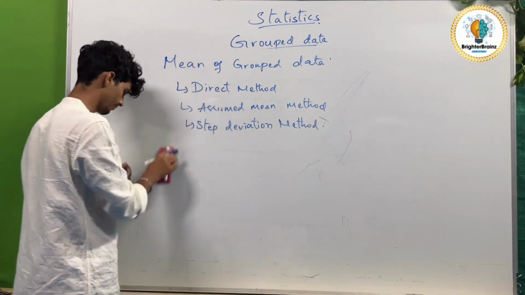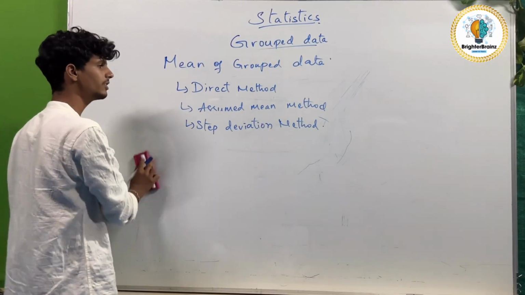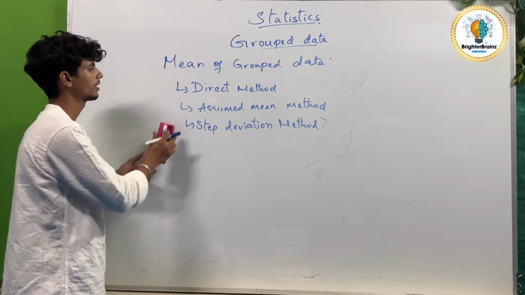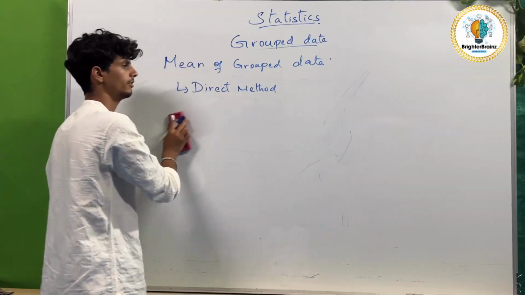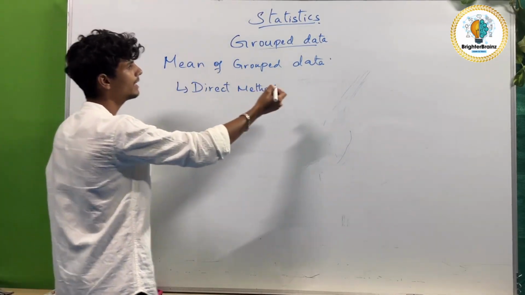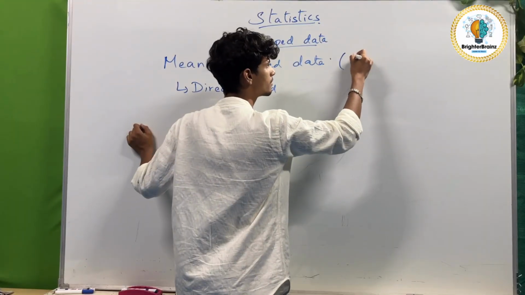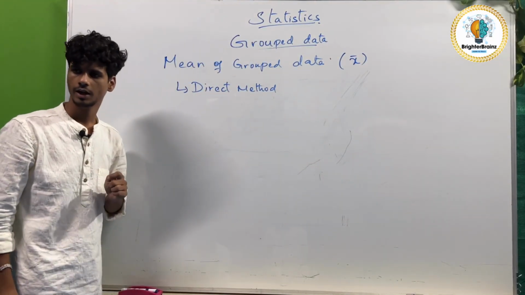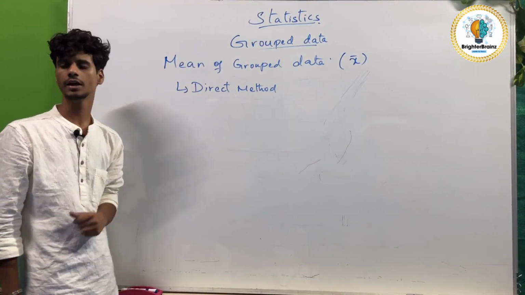Next, let us know the formulae for the mean of group data. First, the formula for the direct method. Here the mean is represented by x bar.